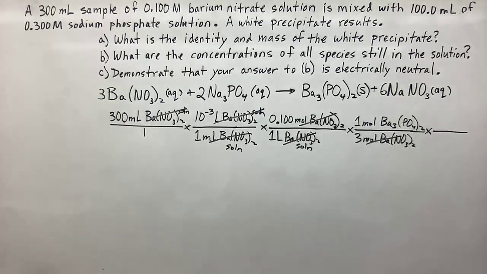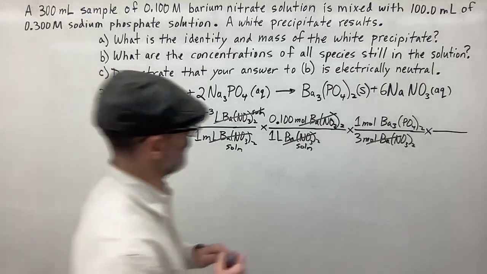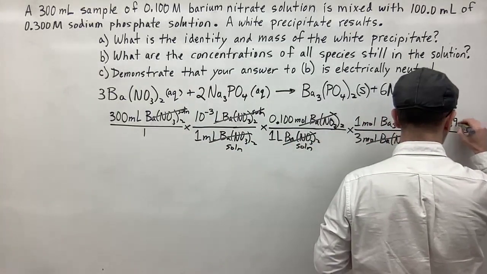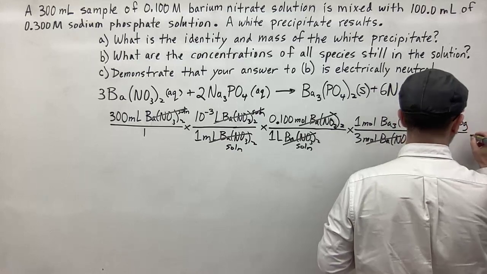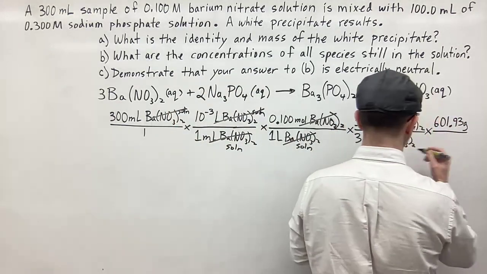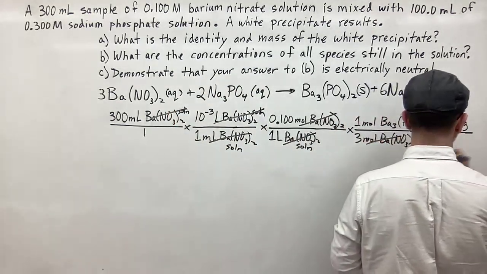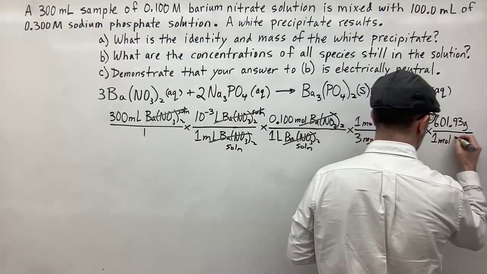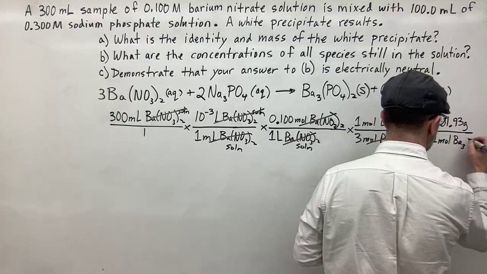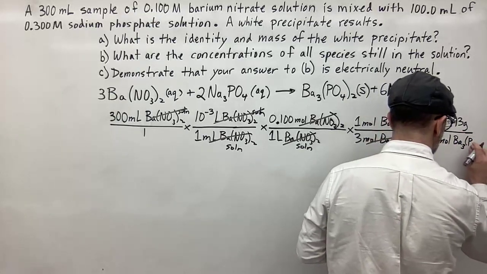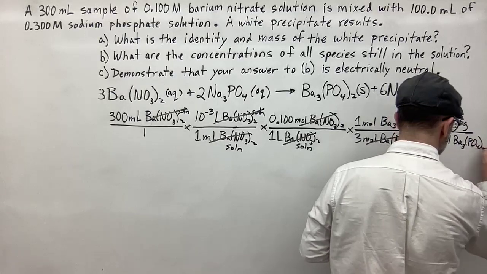And when I do that, I get 601.93 grams of the barium phosphate over 1 mole of the barium phosphate.